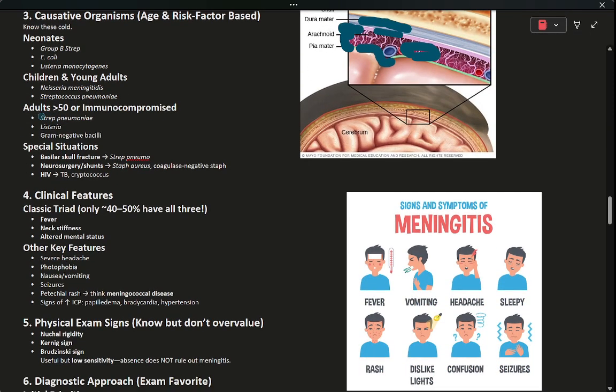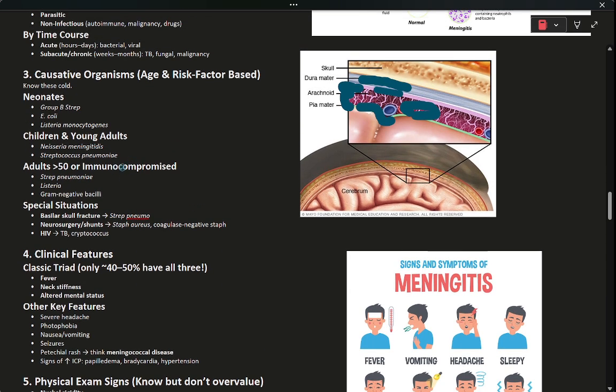This is important for adults greater than 50 years old or for anyone who is immunocompromised. If they have a CD4 plus count less than the value needed to be immunocompetent, the common culprits of meningitis include Streptococcus pneumoniae, Listeria monocytogenes, or some gram-negative bacilli.